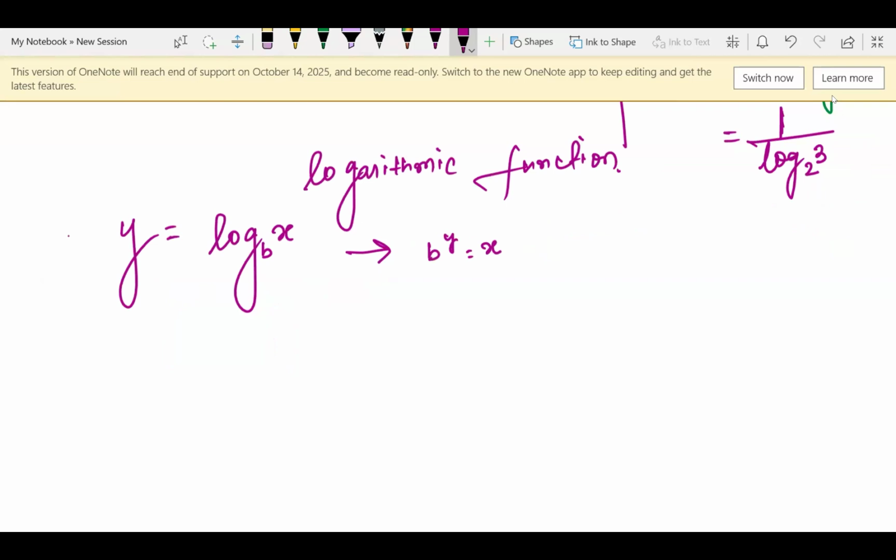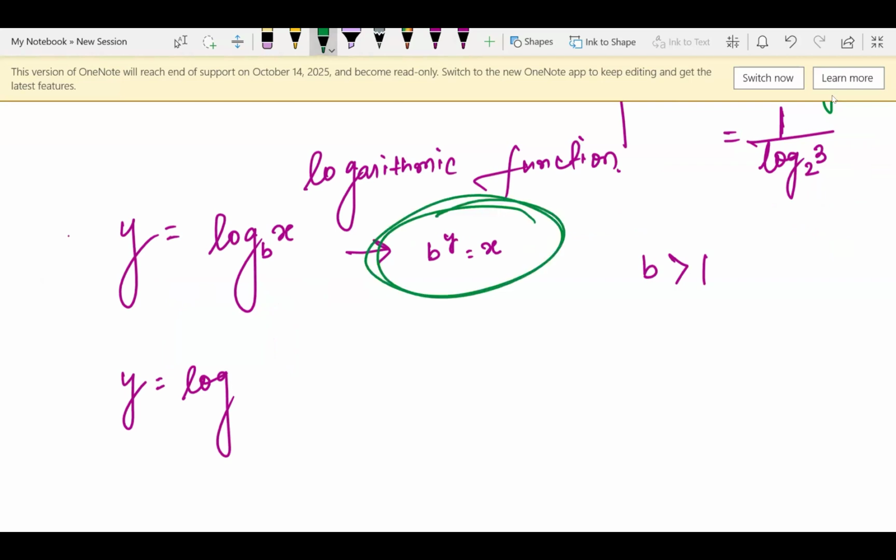Yes, that is just for our concept. If I am taking a logarithmic function, here the base b needs to be bigger than 1, just like the exponential function discussion we had done in the last class, that if the base is smaller than 1, then there is a chance that we will land at a complex number, right?